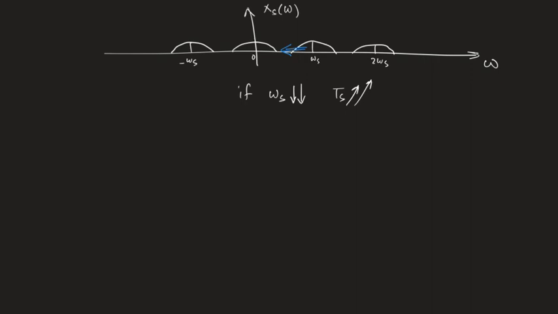So if the location of omega s becomes, for example, here, what I will end up with is a situation that looks like this. This is one replica of the spectrum, this is the second replica, this is the third replica, right? And if I put these replicas together and take into account that they are added together, so at the points where they intersect, you have to add the values from this function with the values from the next function, I will end up with some spectrum that looks like this.